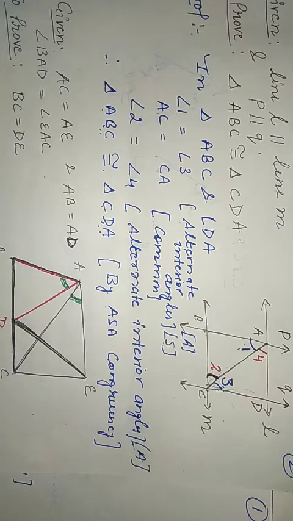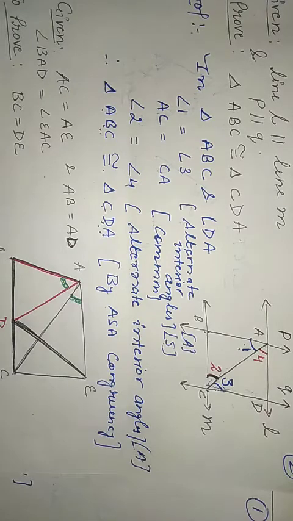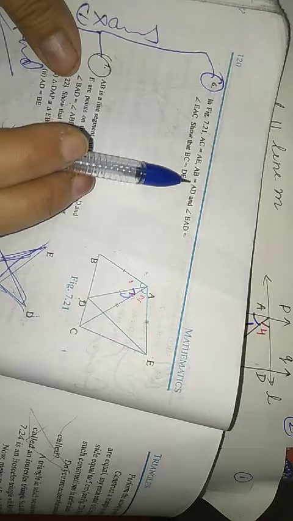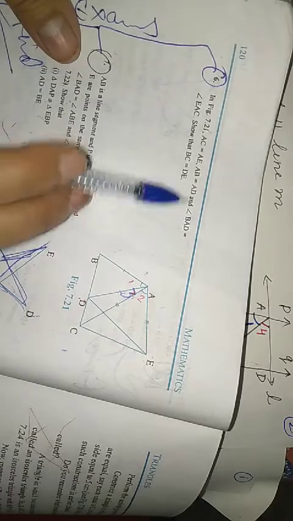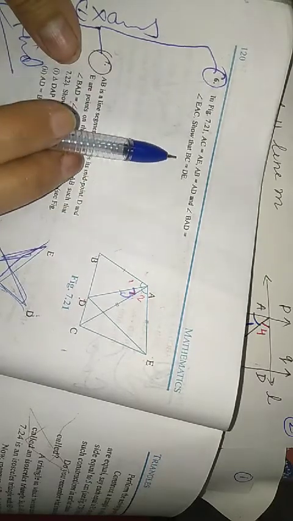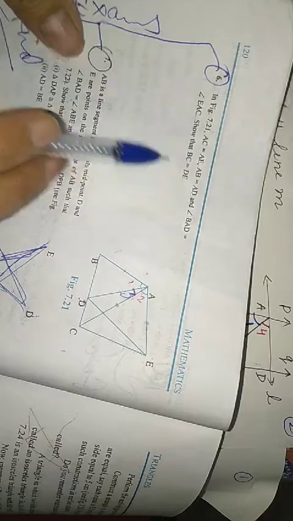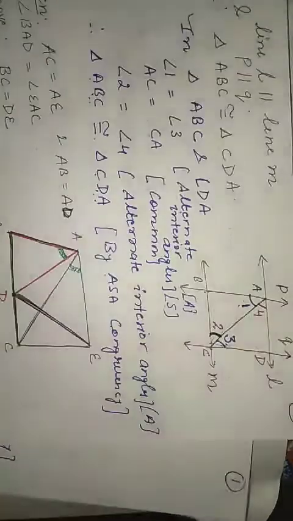Now we are taking the next question. The next question is the sixth question. In this figure, AC is equal to AE, AB is equal to AD, and angle BAD equals angle EAC are given. We have to prove that BC is equal to DE. So I've drawn the figure here.